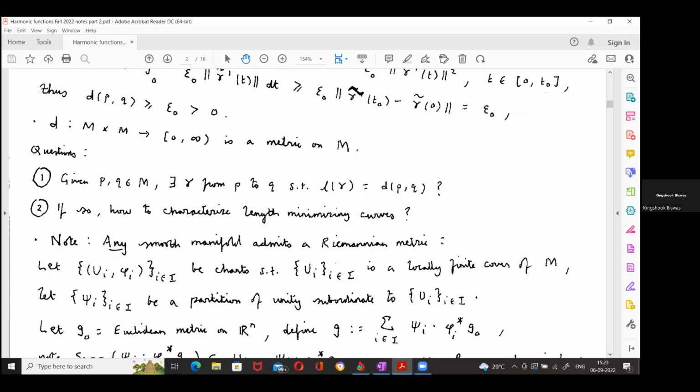We defined the distance as the infimum of lengths of curves. So one natural question is: is this infimum realized? Given two points in M, does there exist a shortest length curve, that means a curve whose length is equal to the infimum, the distance between P and Q?